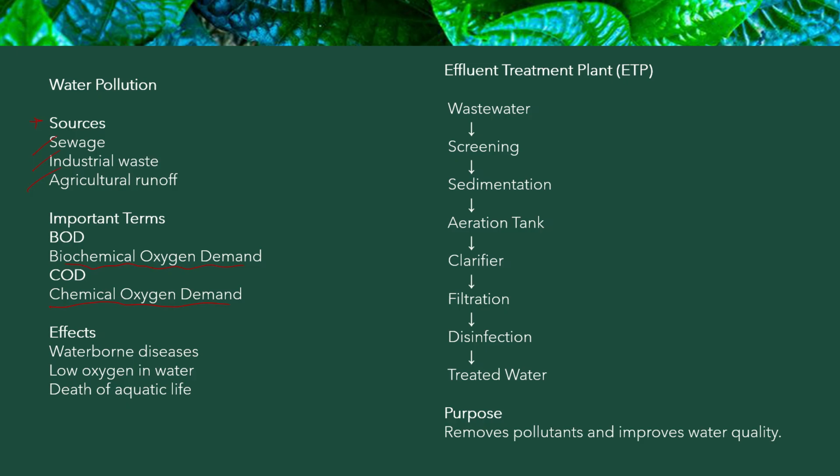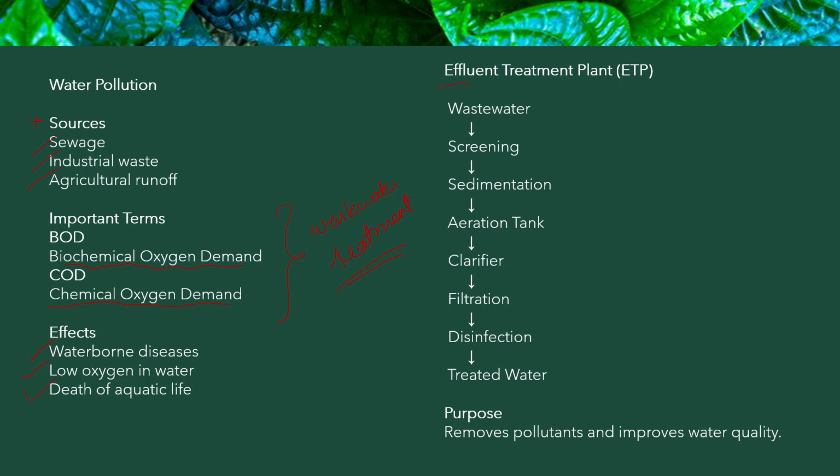Now, basically, they both are your indicators that measure the pollution in water, basically used in wastewater treatment. The effects can be waterborne diseases, low oxygen in water, death of aquatic life.